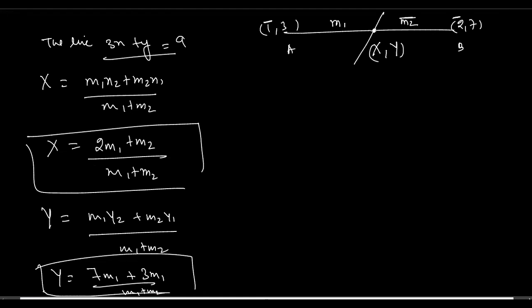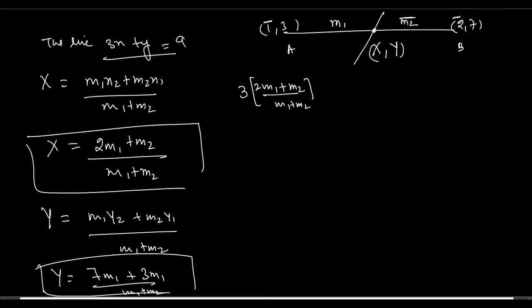So we get 3 times the value of X, which is (2M1 plus M2) upon M1 plus M2.